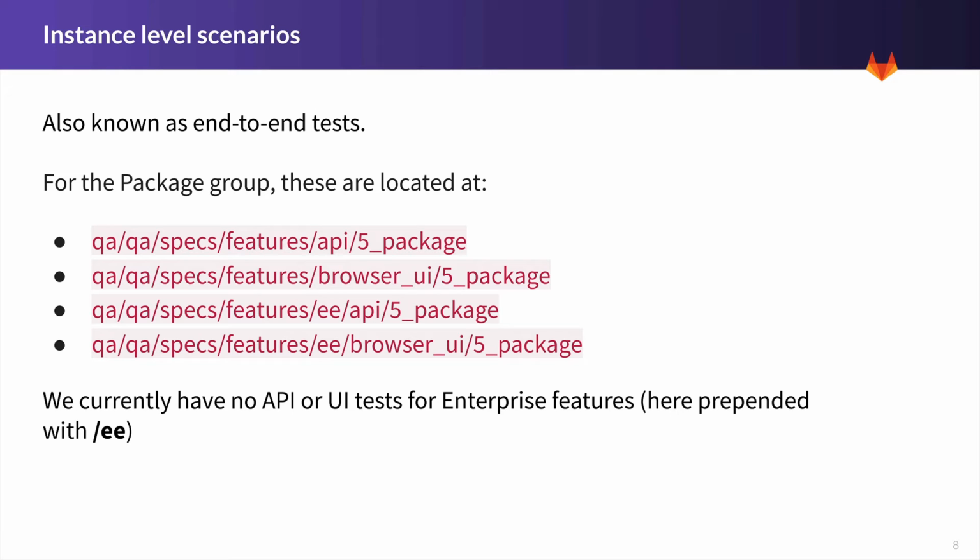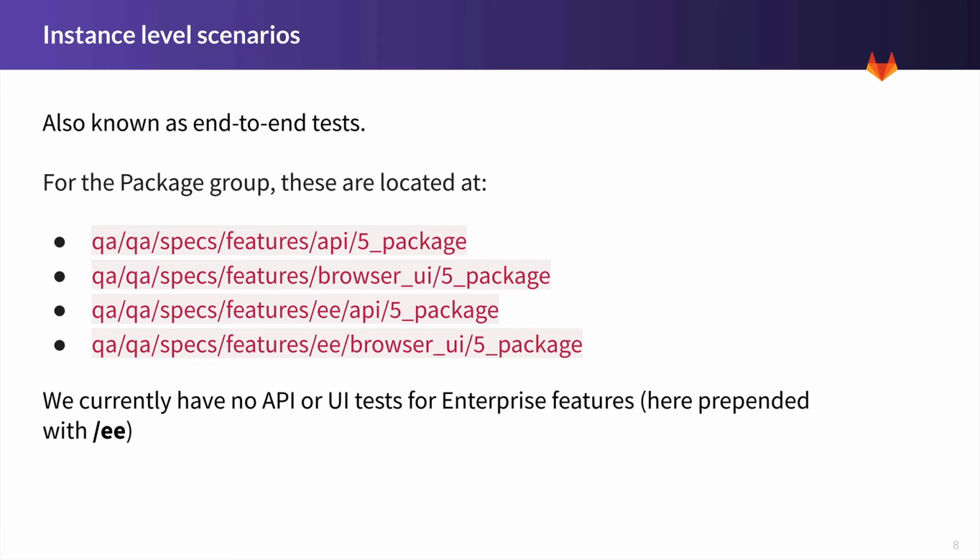Another important block, and I think the product of all of this infrastructure, is the tests. Particularly, we have two names for it. We change it a bit interchangeably. We call them instance level scenarios, but basically they are just the test scripts or the end-to-end tests.